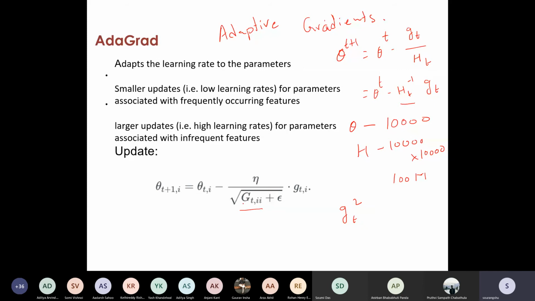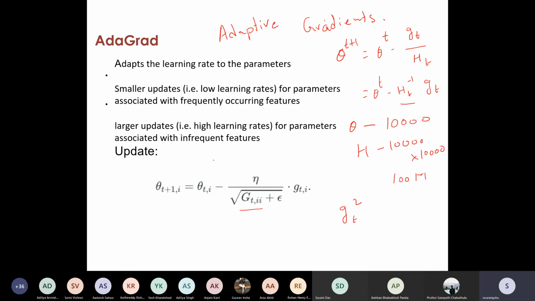So you forget all the cross terms. You only look at the rate of change of gradient, or sometimes just the magnitude of gradient squared, in each of these directions.